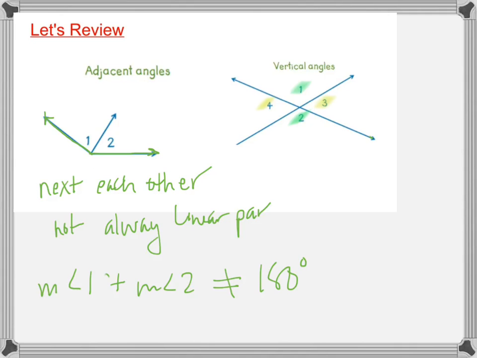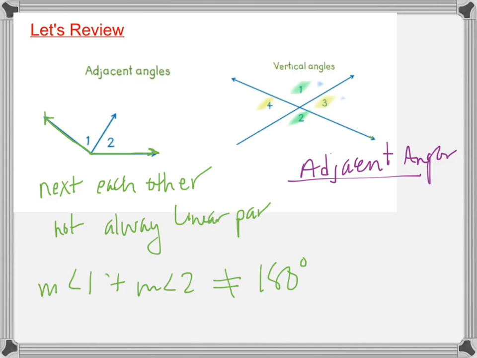Now, there's also a bunch of pairs of adjacent angles. Adjacent angles would be 1 and 3. Actually, let me just write them down. You should have this diagram in your notes too, because it's important to understand the pairs of adjacent angles.